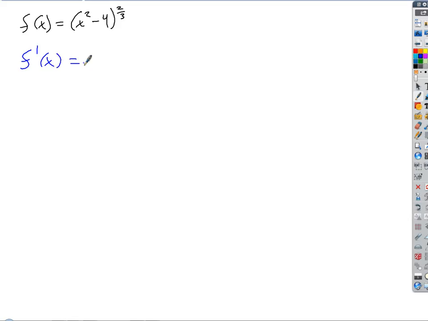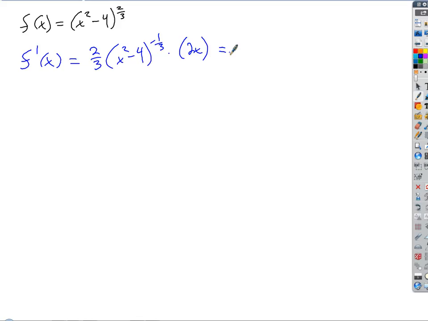f prime of x is what? 2/3 times x to the negative 1/3 times 2x. Okay. So why don't we write that as a fraction?